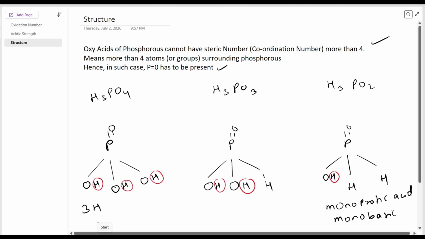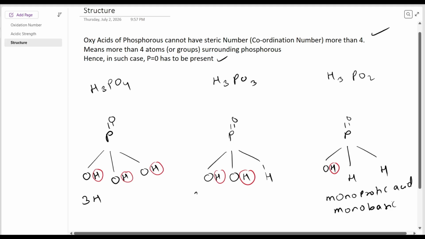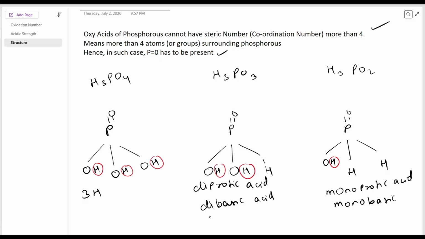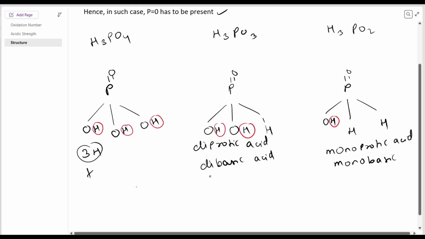It has two hydrogens, so we can say it's a dibasic acid or a diprotic acid. And what about this? We have three hydrogens here. So in this case, we can say that it's a triprotic acid, or a tribasic acid.